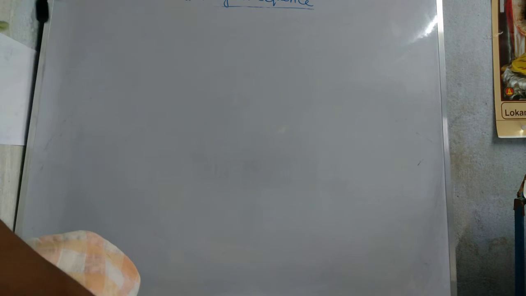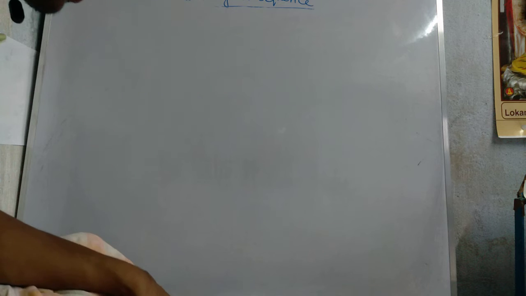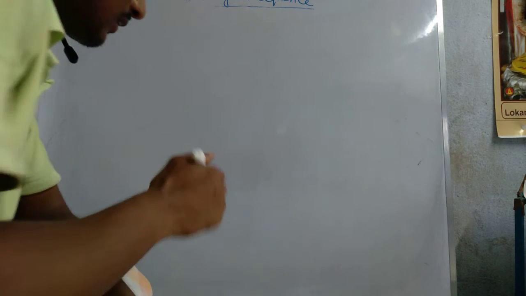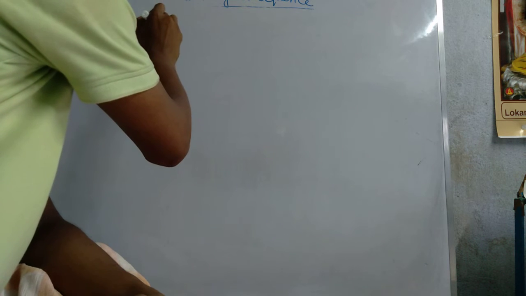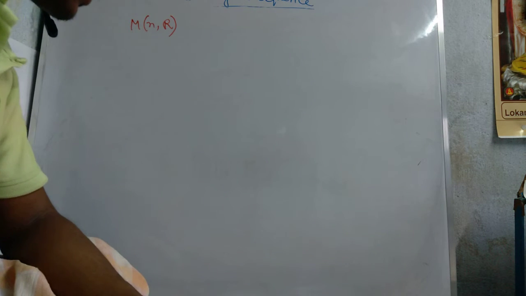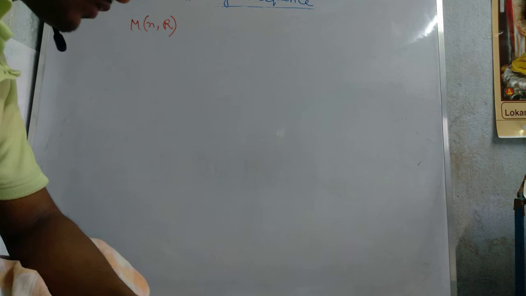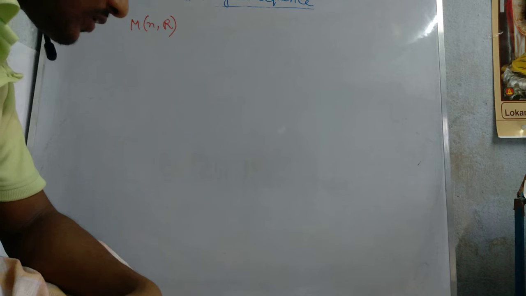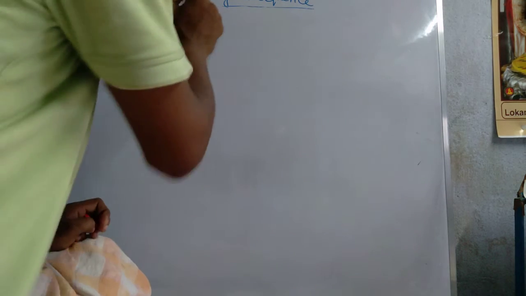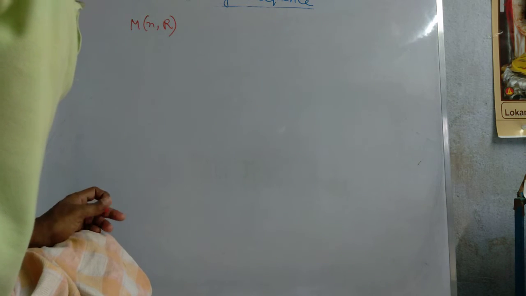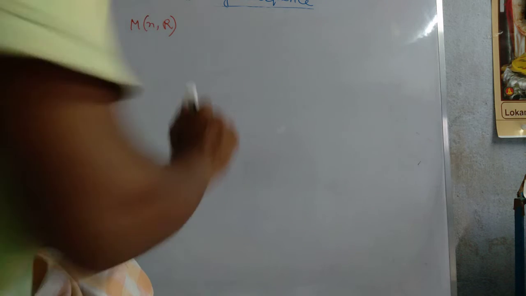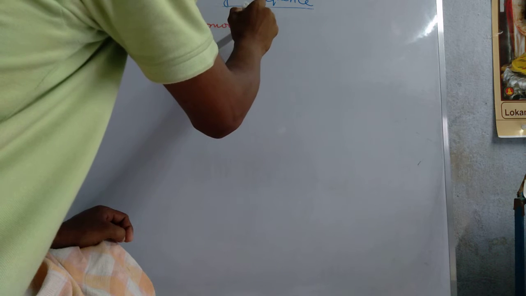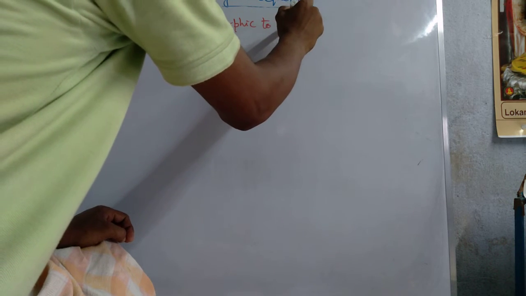We defined in previous days that M_n(R), that means elements belonging to R and n cross n matrices, is obviously isomorphic to R^(n squared).